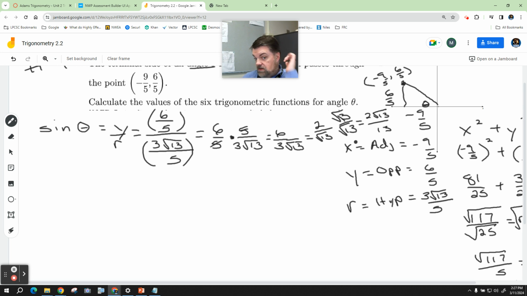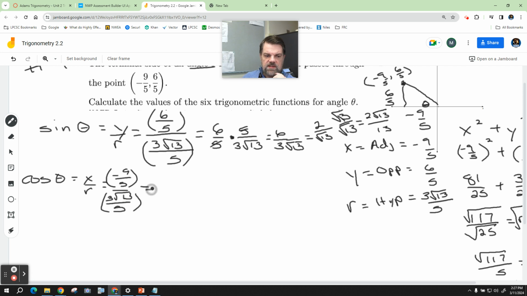That was a lot of work. Cosine of theta is equal to x over r, which is equal to negative 9 over 5 all over 3 root 13 over 5, which is equal to negative 9 over 5 times the reciprocal, which is 5 over 3 root 13.